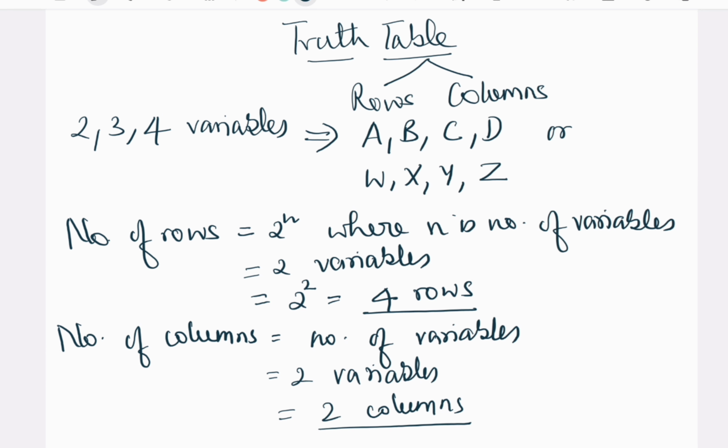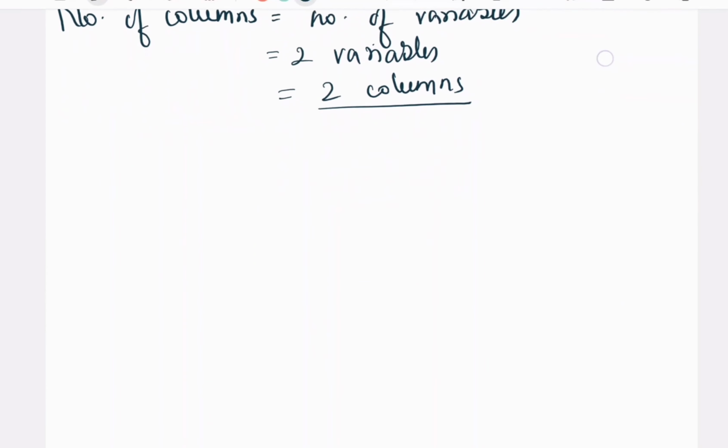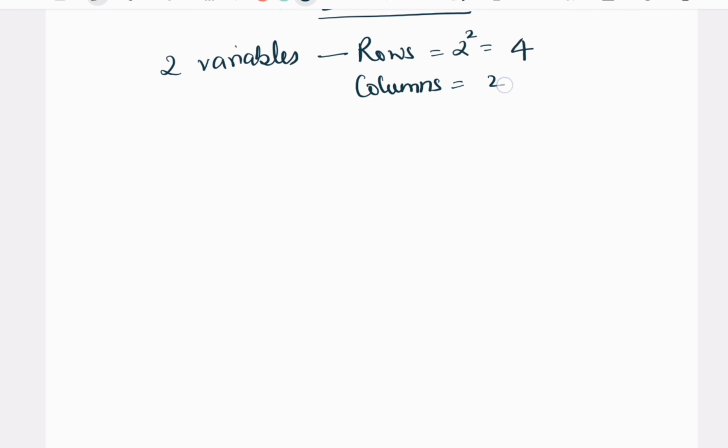So it's straightforward. Now let's try and see how the combination is going to work for us. The job here is to understand the inputs for a truth table. We are taking 2 variables, which means rows is equal to 2 to the power n, which is 2 to the power 2, so 4, and the columns is equal to the number of variables, which is 2 in this case. So let's get started.